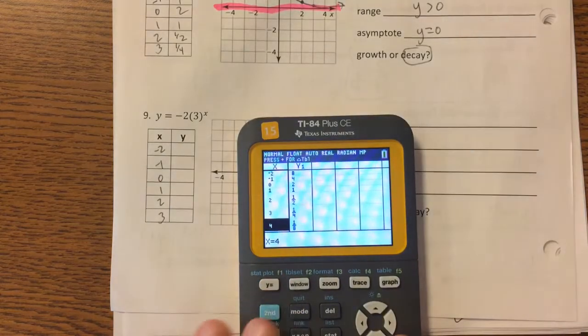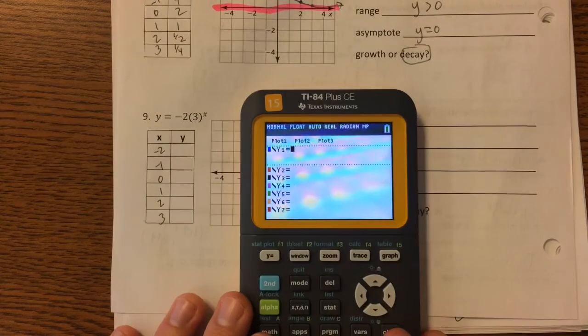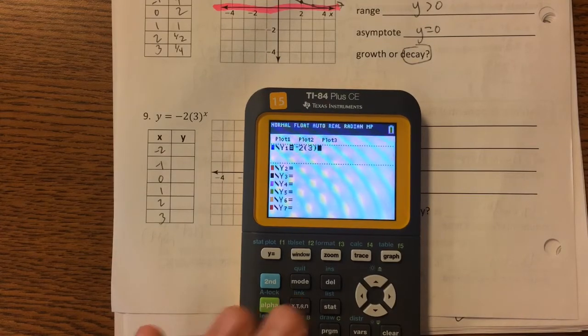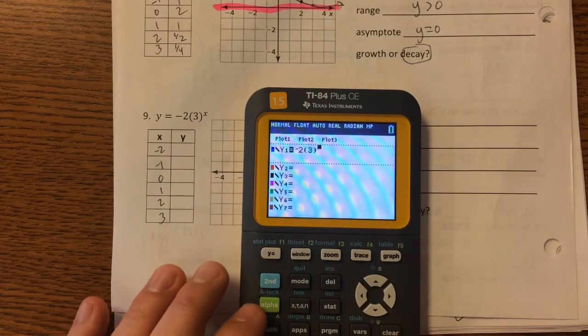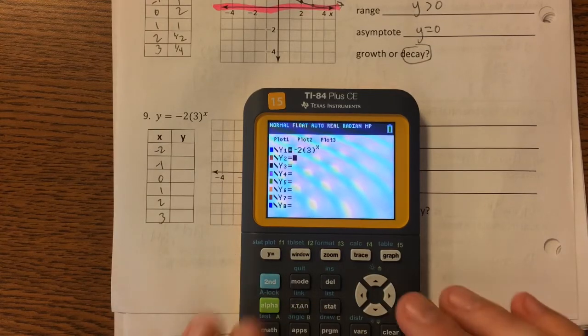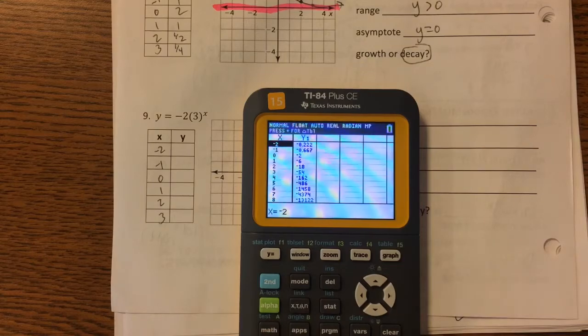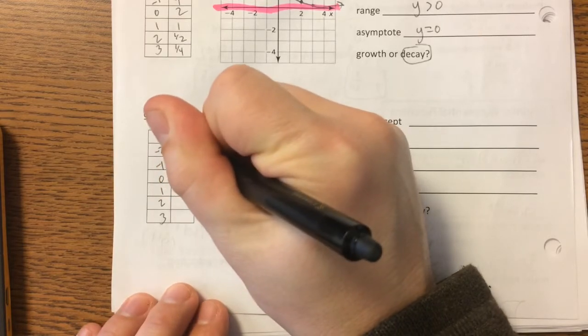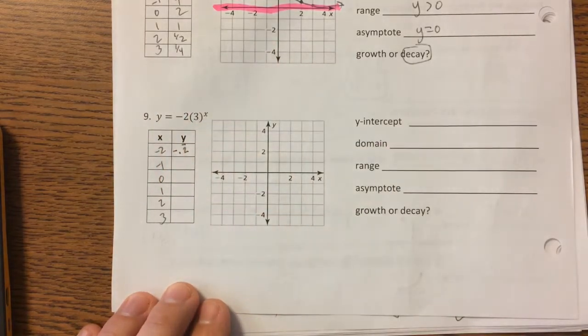Go ahead and hit y equals, and let's type in the equation here: -2 times 3 to the x. We'll go look at the table. I'm going to have to round some of these decimals. -2 gives -0.22, or it looks like it's just 2 repeating.